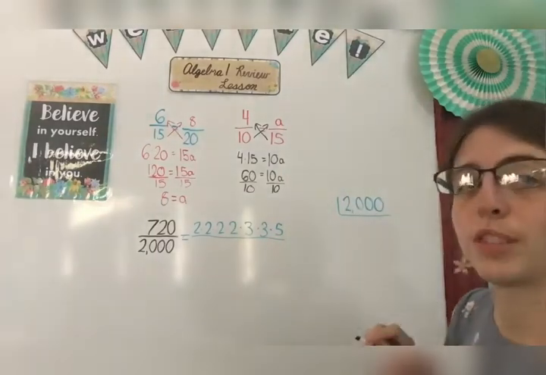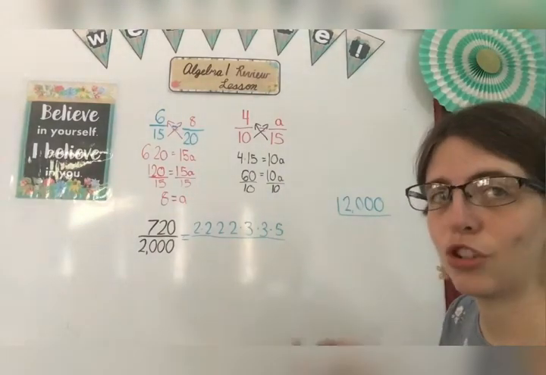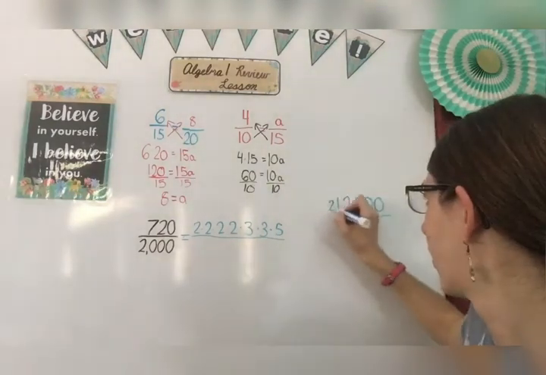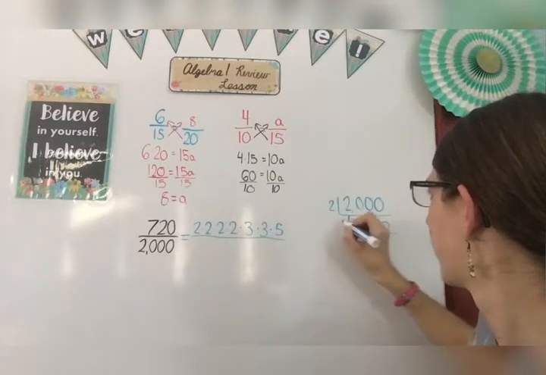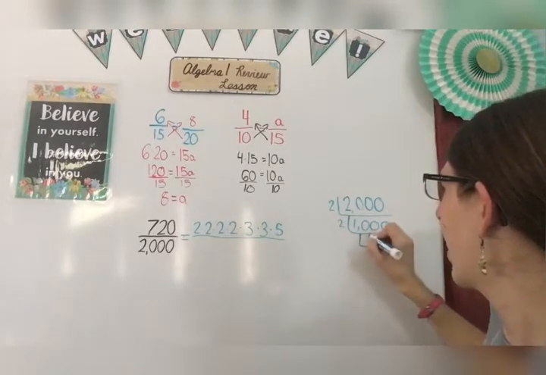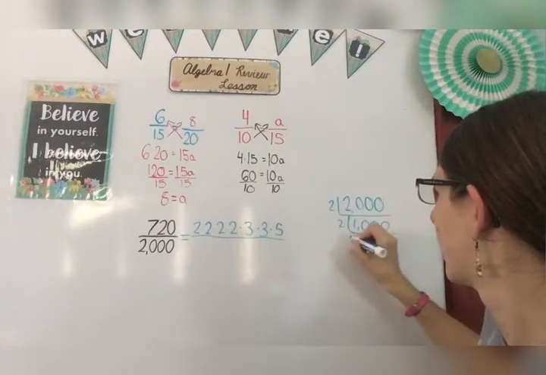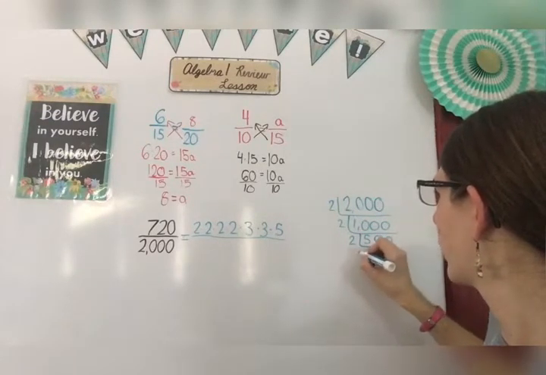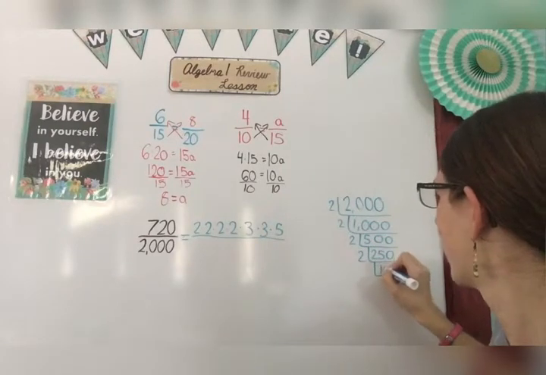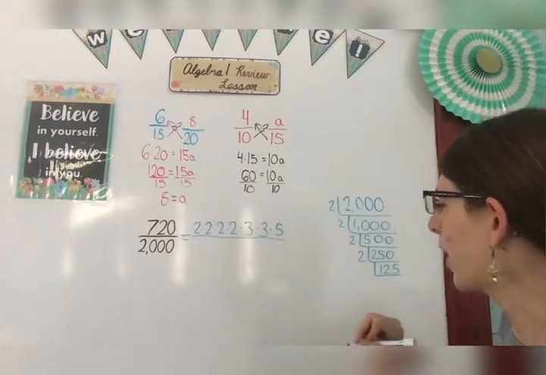I'm going to start with the smallest prime factor that's possible, which is 2. And I just keep dividing until I can't use 2 anymore, which is about to happen. And there we go.